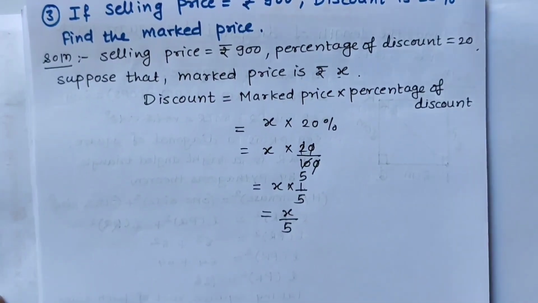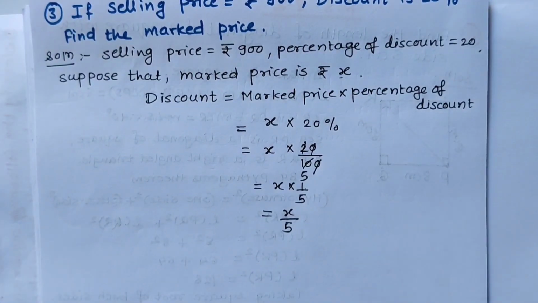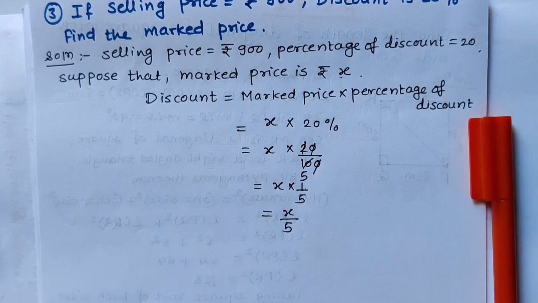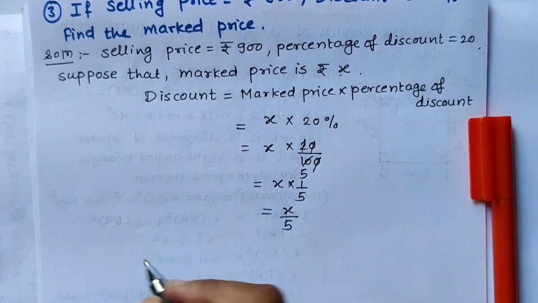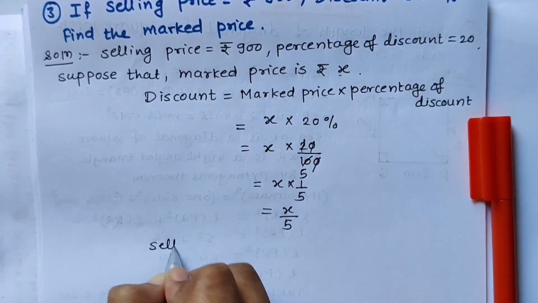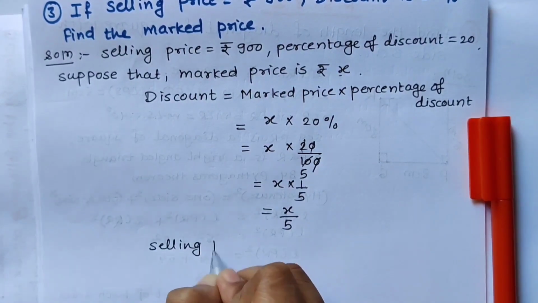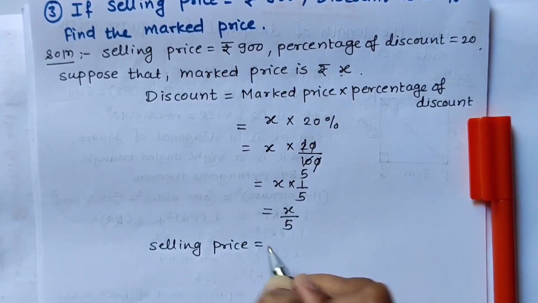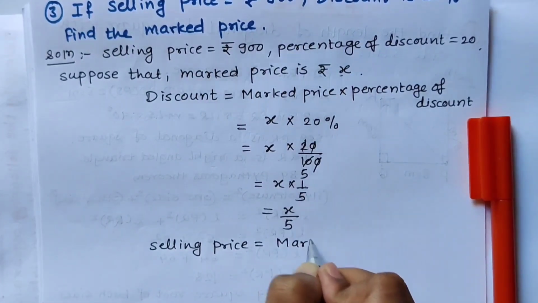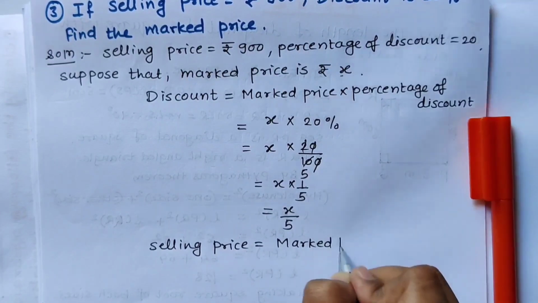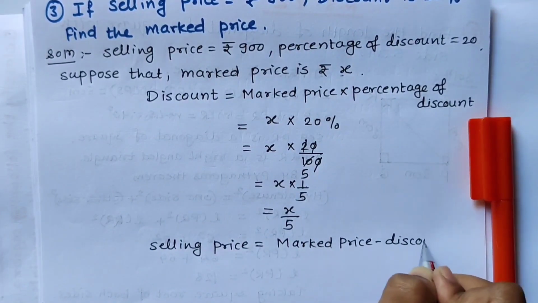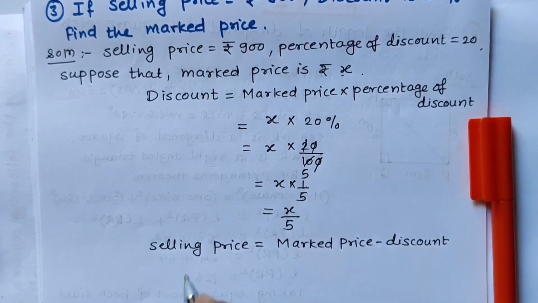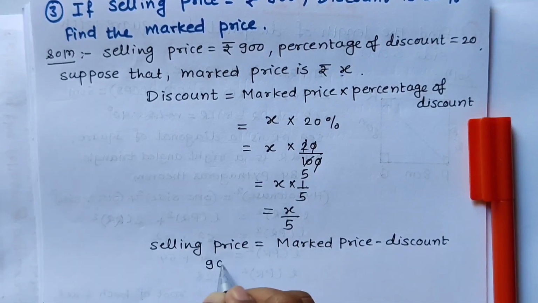As we have got the discount, now we can get the marked price. For marked price, we can apply the formula: selling price is equal to marked price minus discount. So selling price is given to us, 900 rupees.